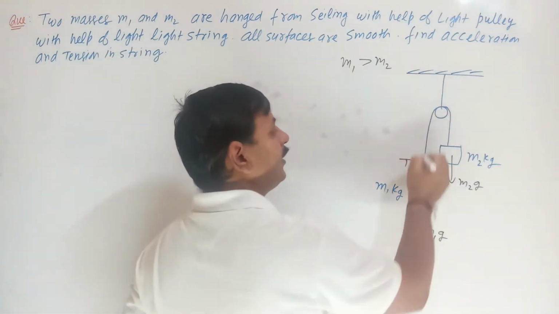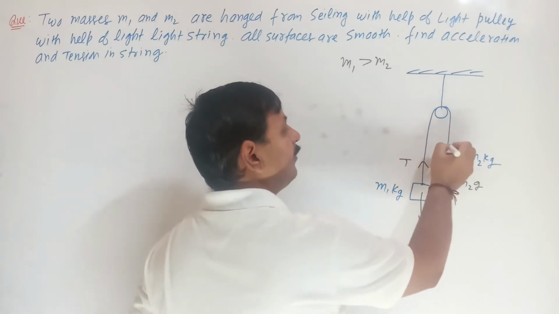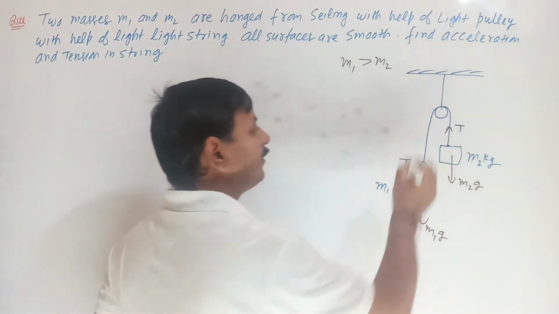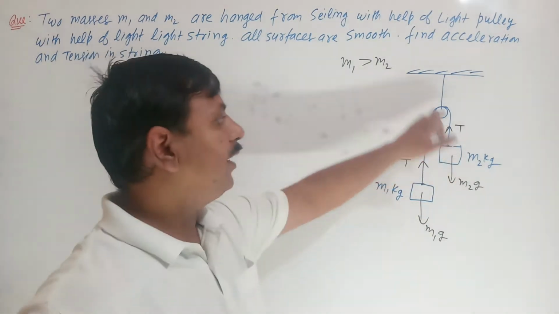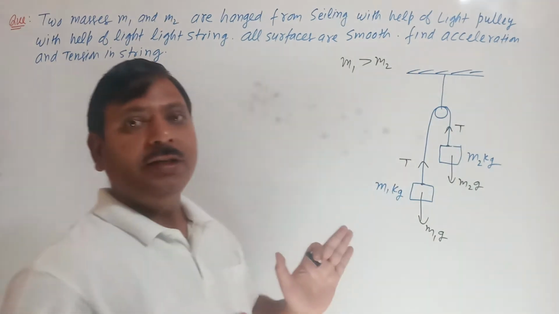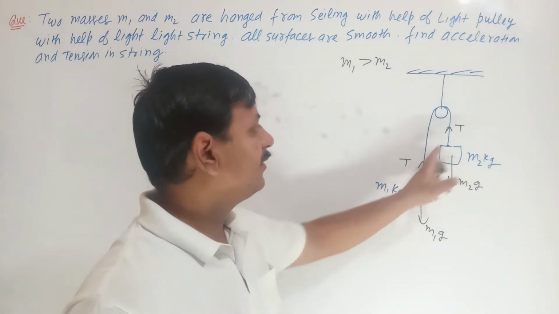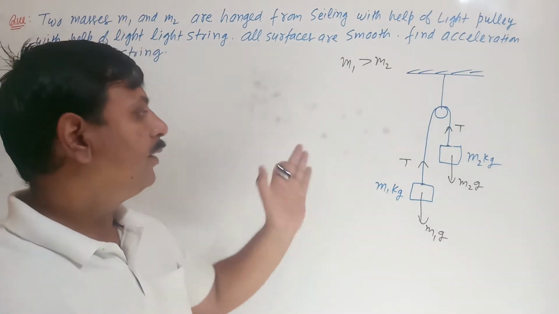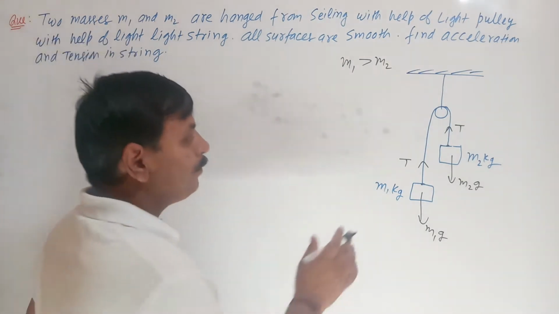So I have shown the tension here. T is tension; with a light pulley, tension will be the same at the two ends.